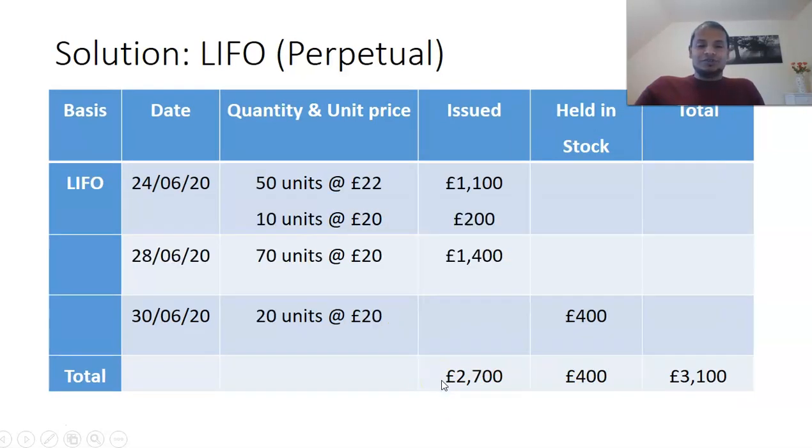In case of last in, first out, cost of goods sold is higher because we are issuing the latest purchase, and the amount remaining in stock is from the earlier purchase, and that's why inventory is lower.